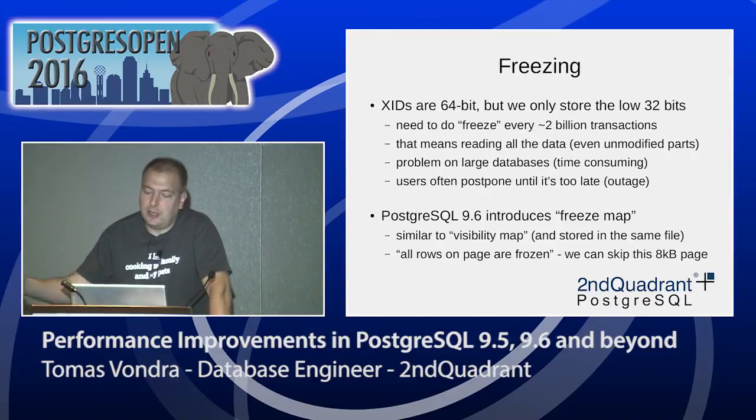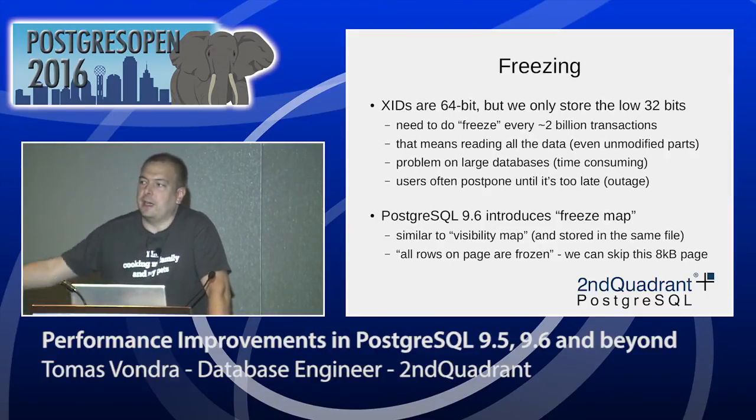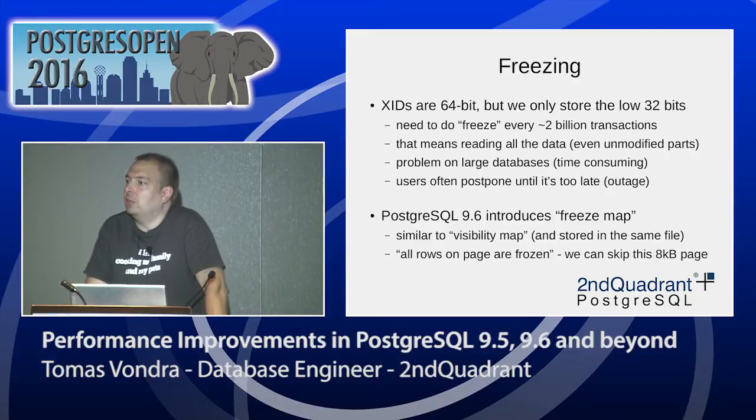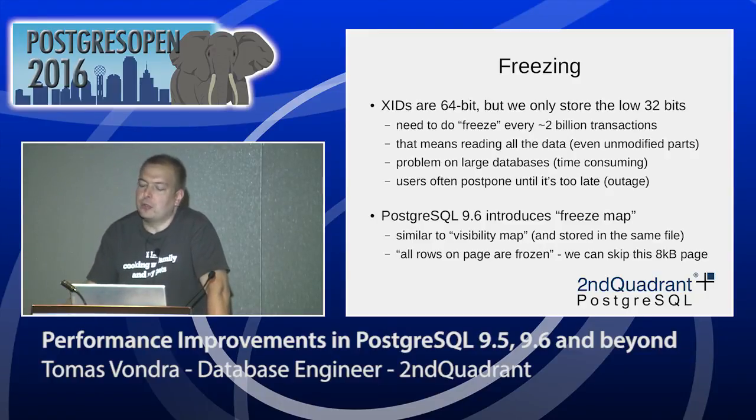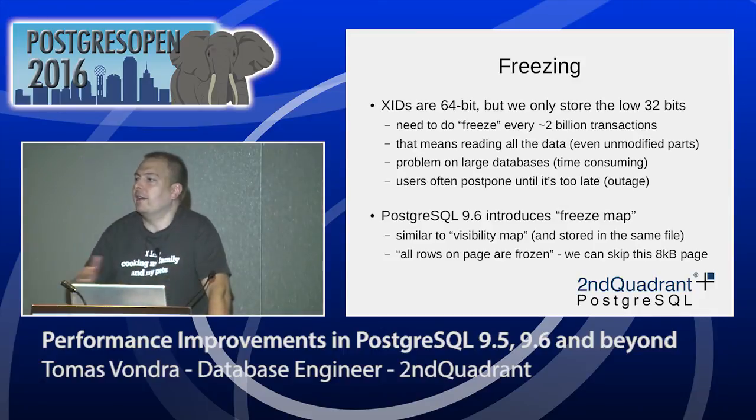And in that case, we need to do something we call vacuum freeze, which effectively makes sure we don't lose track of what is the past and what is the future in the transaction log. And up to 9.6, that essentially meant we had to scan all the data files, right?